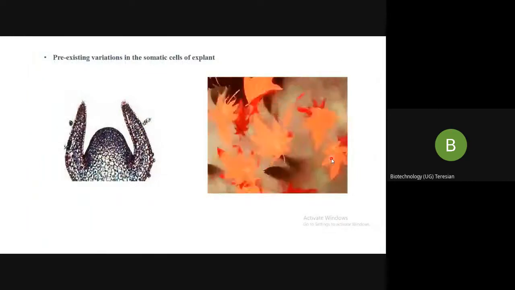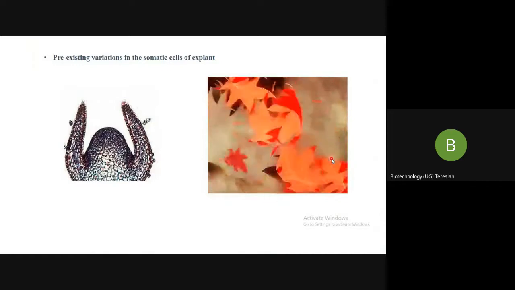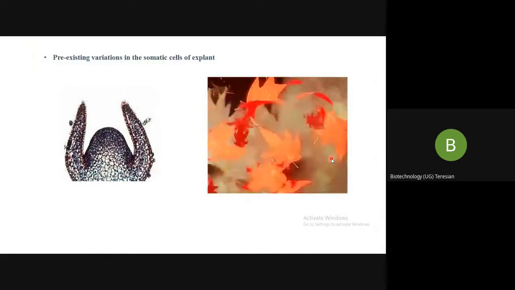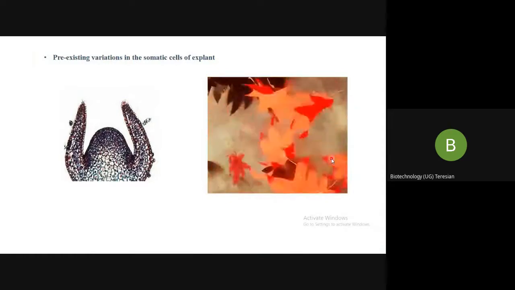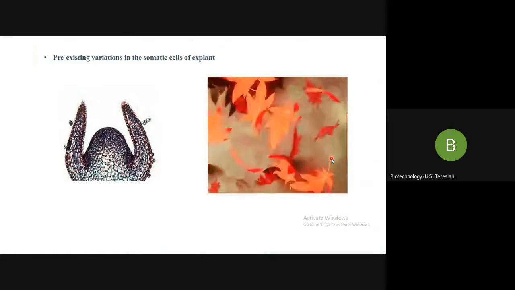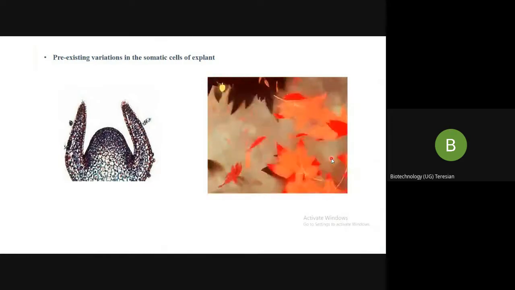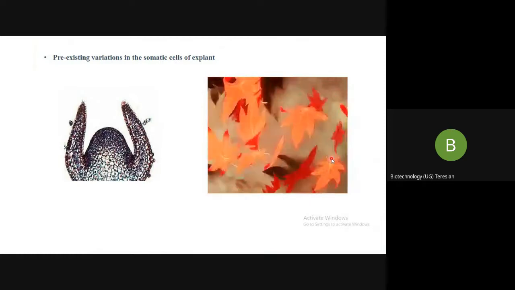Students, if you remember my previous class, I spoke about pre-existing variation in somatic cells of the explants. That is, there is already a variation present in the explant, in the somatic cells of the explant.